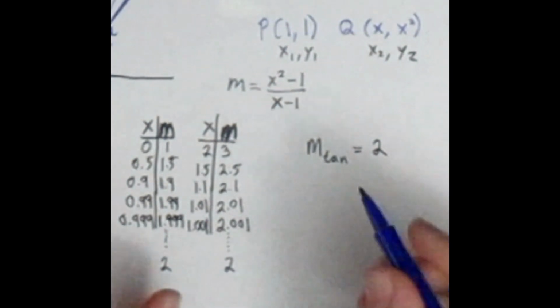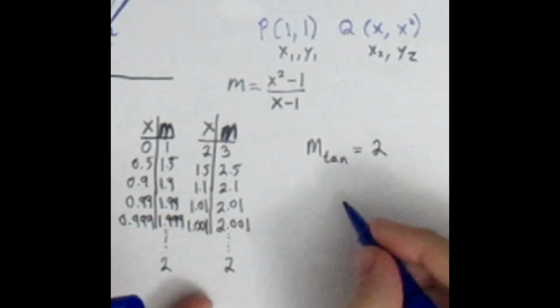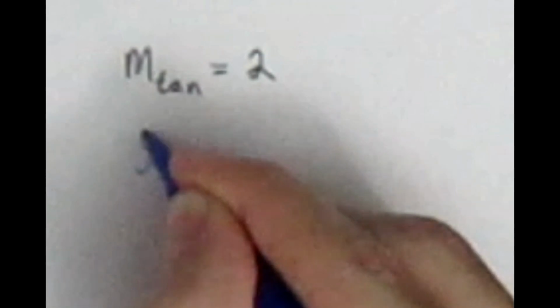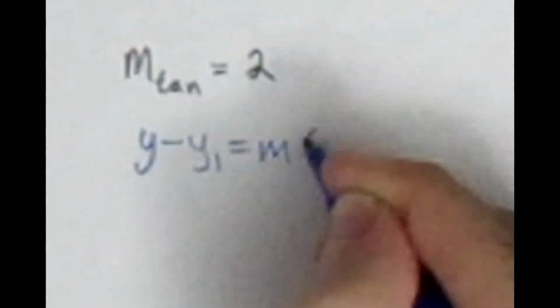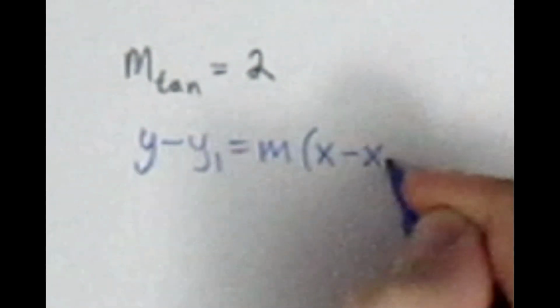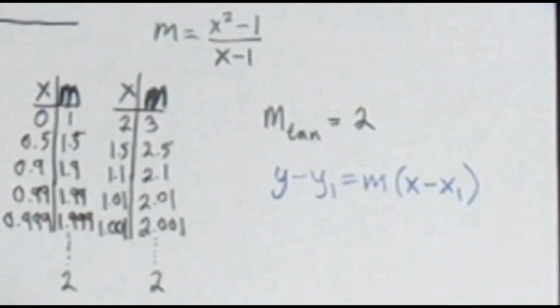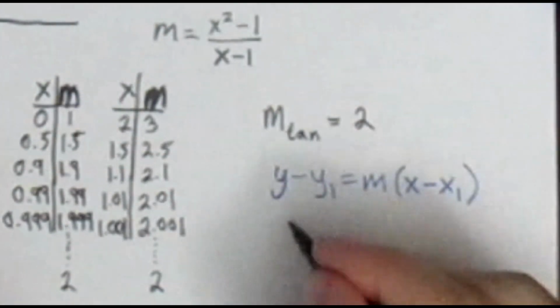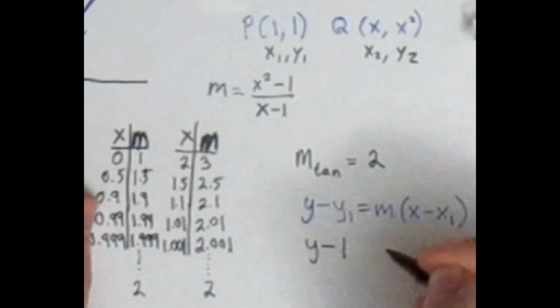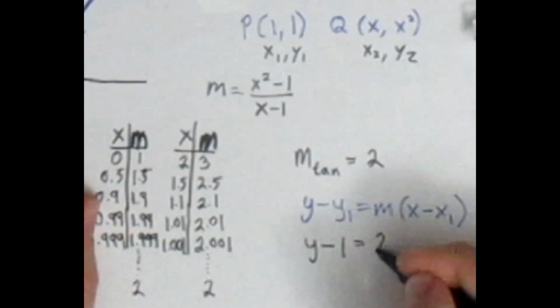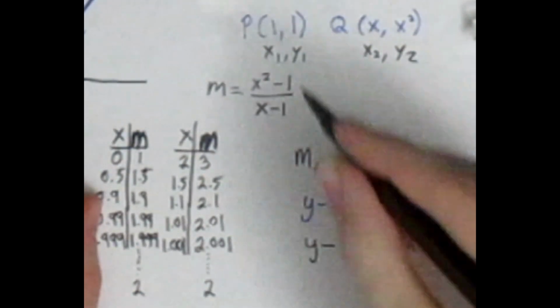And let's recall the point slope form that says that y minus y1 equals m times the quantity x minus x1. So let's plug in the numbers. We have y minus our y1, which is 1, equals 2 times x minus x1.